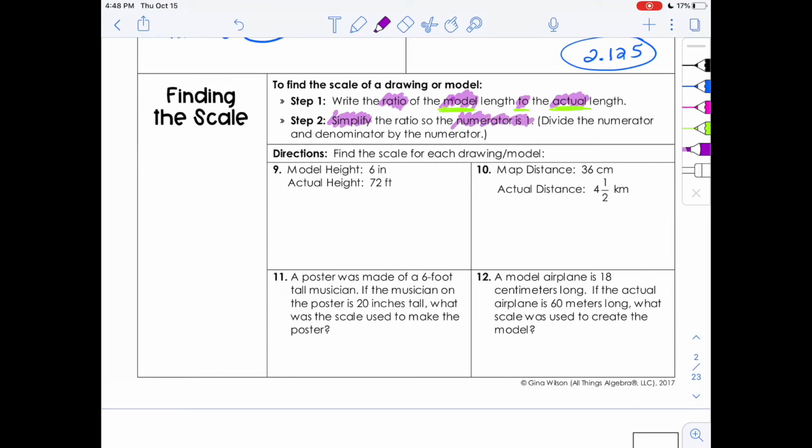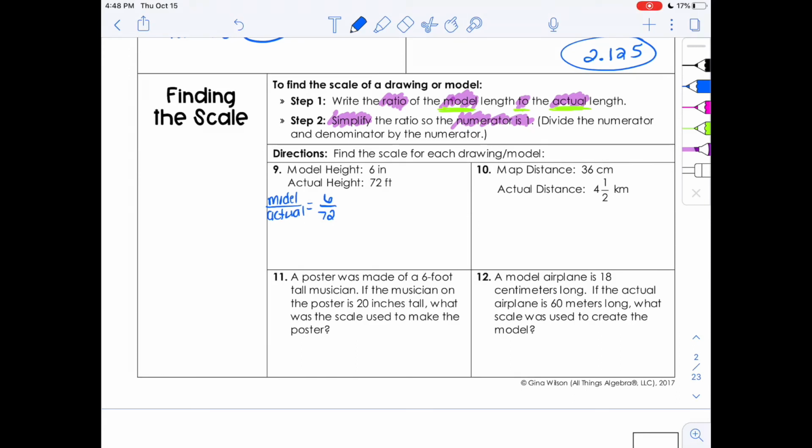So let's take a look at what that would look like. Number 9, the model is 6 inches. The actual is 72 feet. So remember, we're writing a ratio, your model compared to your actual. So our model is 6, our actual is 72. So that's step 1.